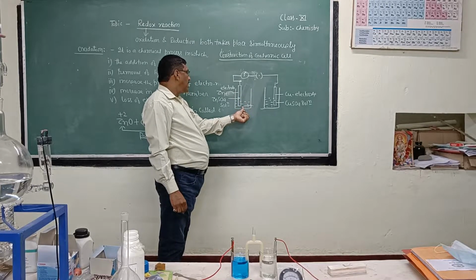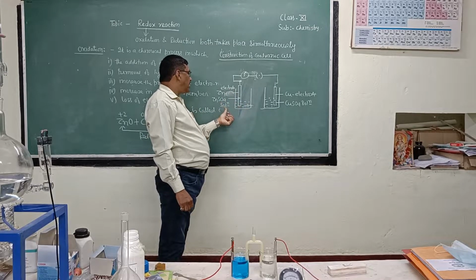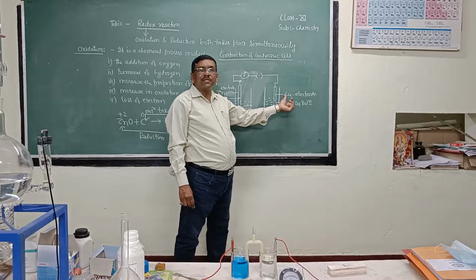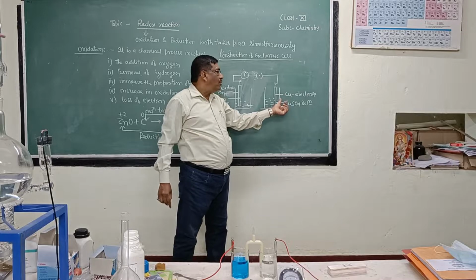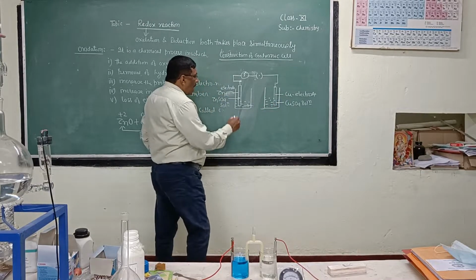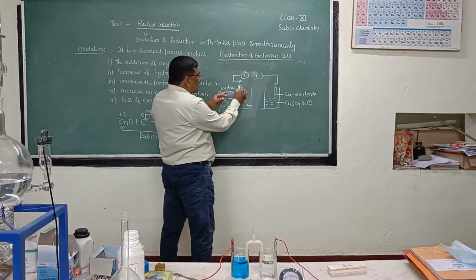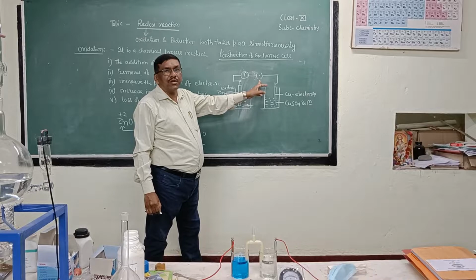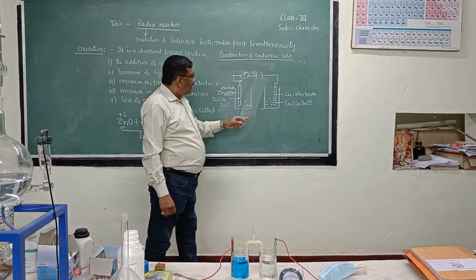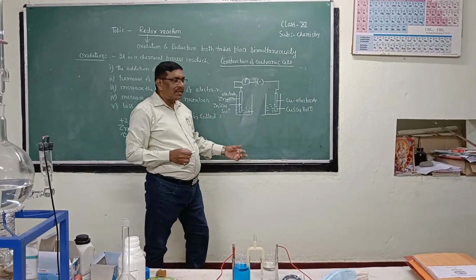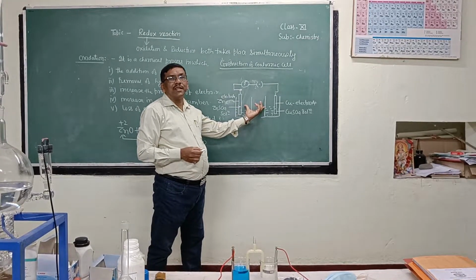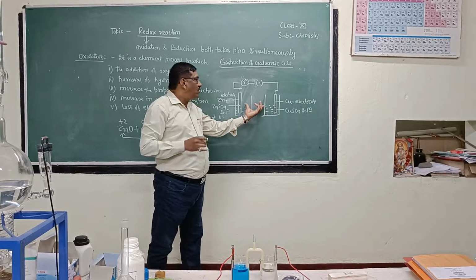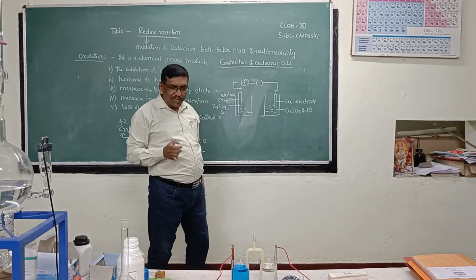In one beaker, a zinc electrode is dipped into zinc sulfate solution, and in the other vessel, a copper electrode is dipped into copper sulfate solution. Both electrodes are connected through a galvanometer provided with a key and jockey. When the key is not pressed, there is no flow of electric current and no deflection in the galvanometer.